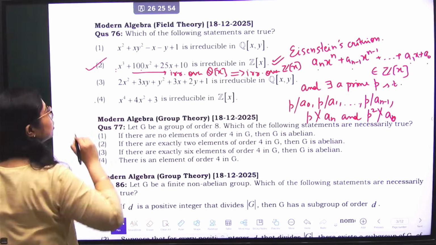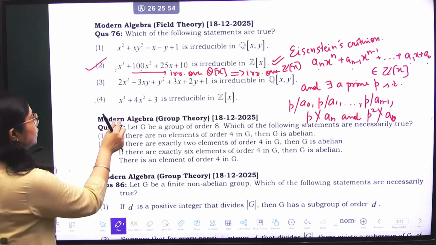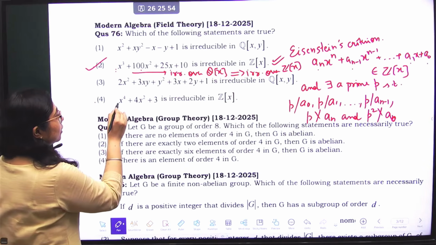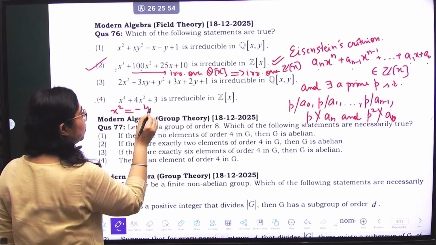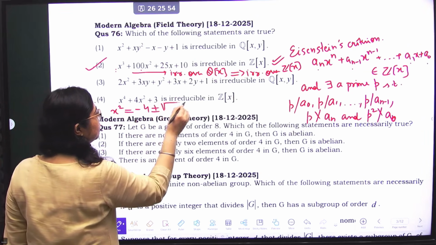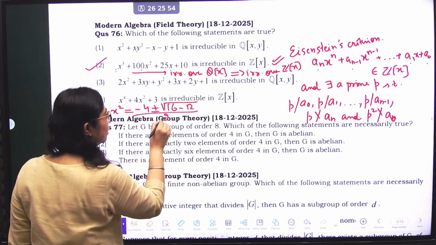And this is true. Now, if you see the fourth option, this is quite easy to check. We can directly take x squared equals minus b plus minus the square root of b squared minus 4ac, divided by 2.